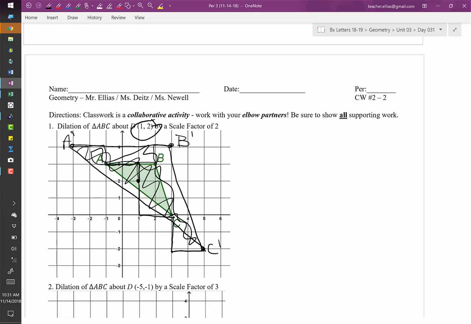Is that new side ever going to intersect the original side? No. What's it called when two sides never touch? Parallel. That's how you'll know you've done it correctly. Your new shape should look parallel to the original. That was what Cecilia observed.